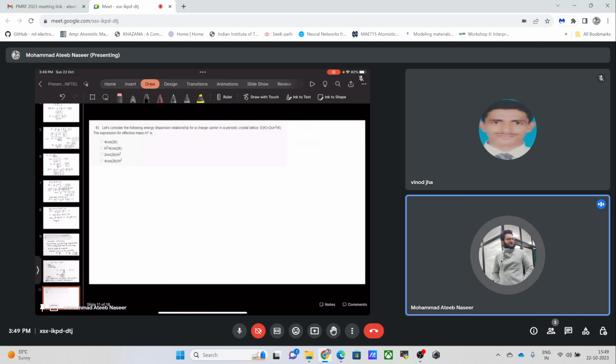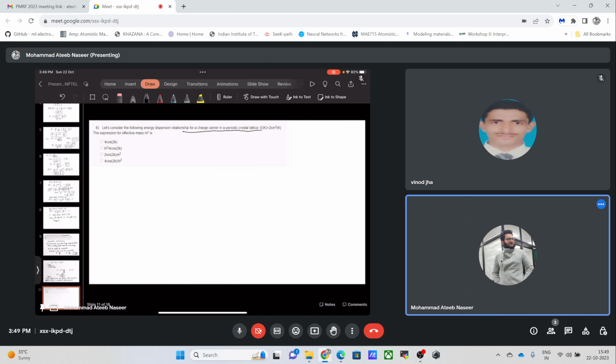This effective mass, as I have been telling, is a very vast concept and requires to be understood properly. So it says that we have this energy dispersion relationship for a charge carrier system in a periodic crystal, and it is given by E(k) equal to 2 times sine square k.